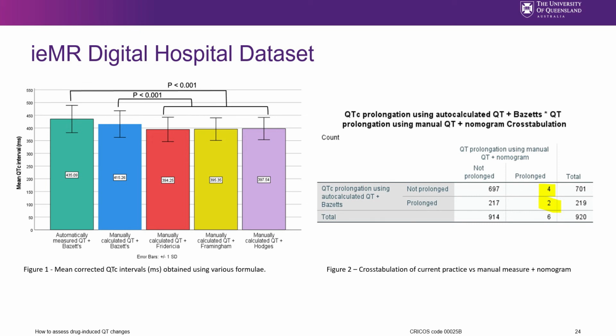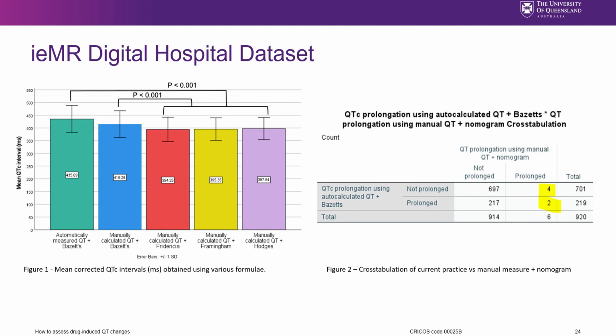In a 2-year study of 920 patients at the Princess Alexandra Hospital in Brisbane, using the machine's automatically measured QT and correcting using Bazett's formula, there were 217 patients who were identified as having a prolonged QT. When using our validated methods of manual measurement and plotting on the QT nomogram, only 6 patients were shown to be at risk.